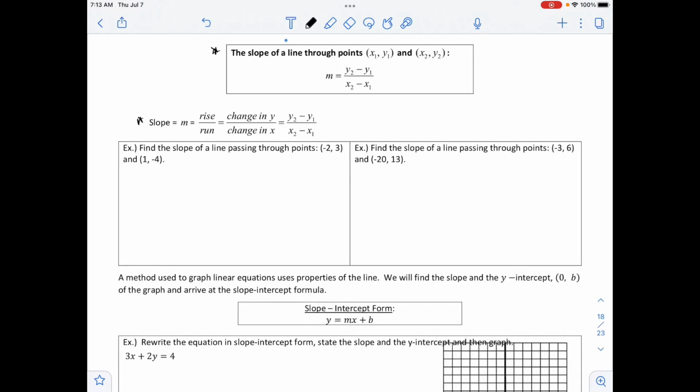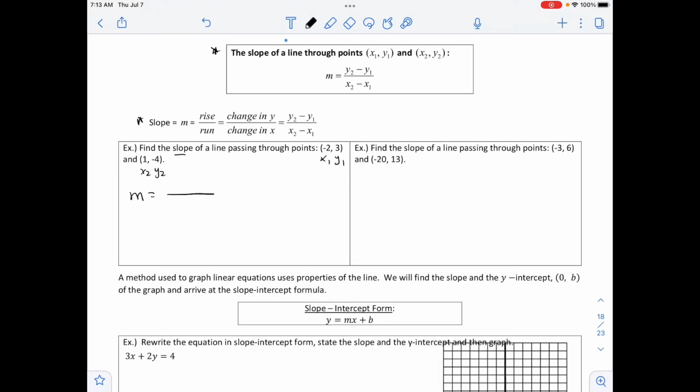The example right below says find the slope of the line passing through the points (-2, 3) and (1, -4). I'm going to call the first ordered pair (x1, y1) and the second ordered pair (x2, y2). Our slope formula is written right up above.